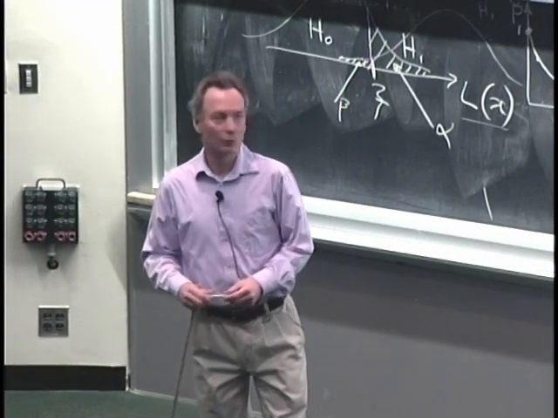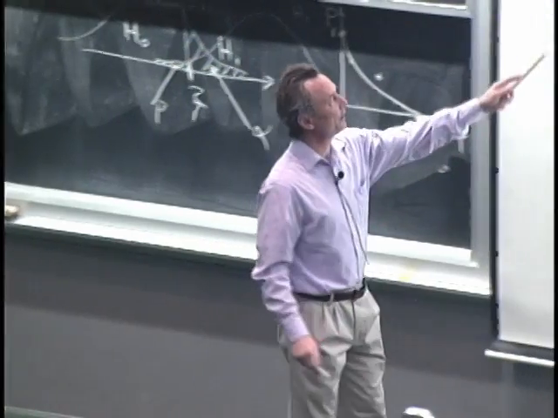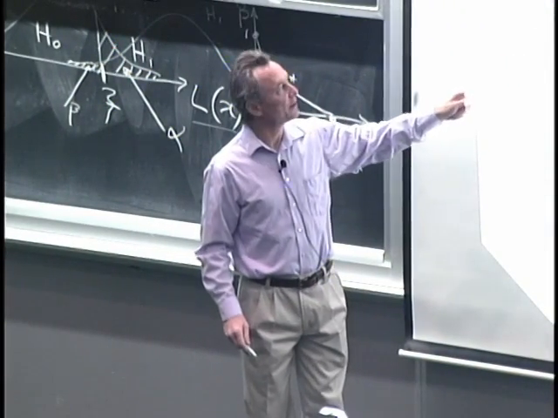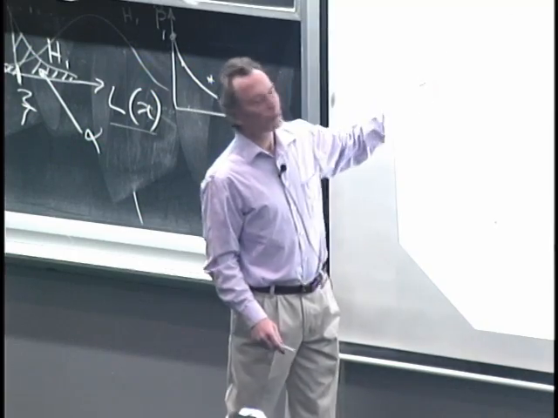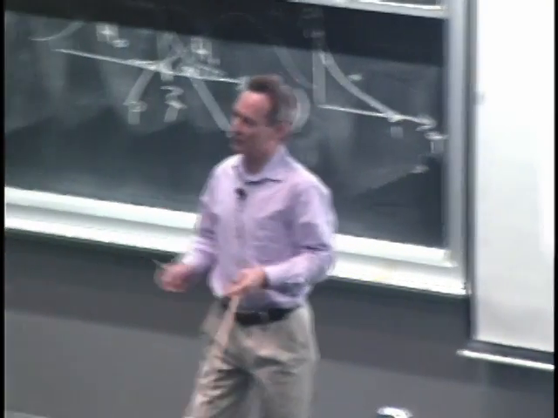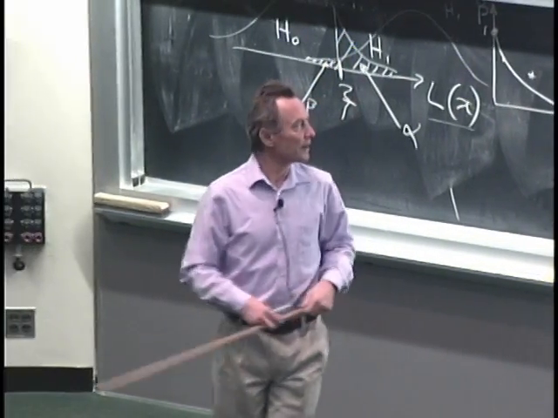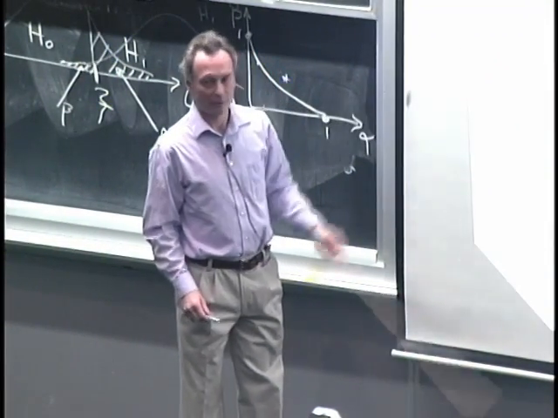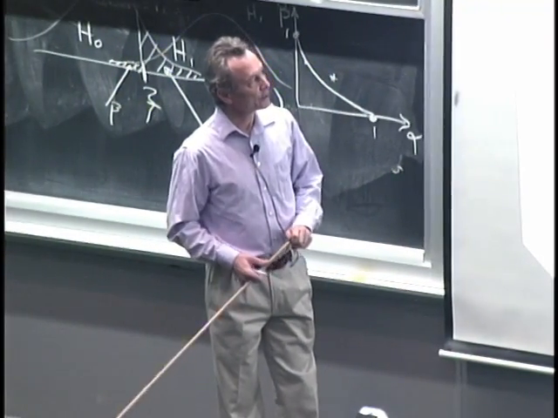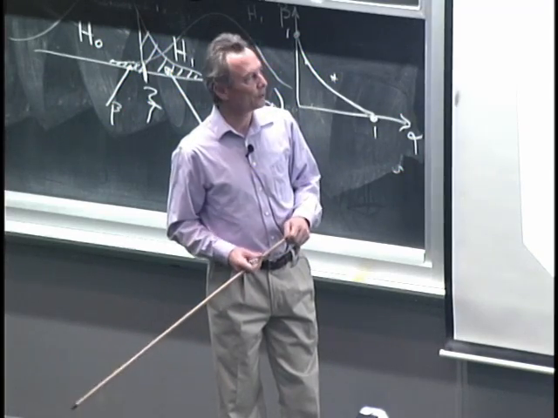If it looks like an extreme outlier under this hypothesis, then I reject it and I accept the alternative. If this number turns out to be something within the range that you would have expected, then you keep or accept your null hypothesis.